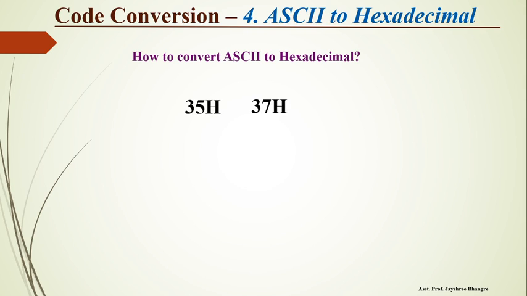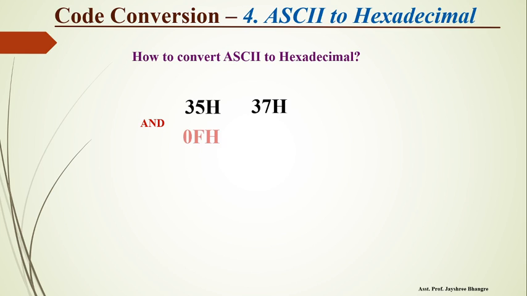Here the numbers 35H and 37H are represented in ASCII, and we have to convert them into hexadecimal. So we have to separate these digits. 35 represents the digit 5, and 37 represents the digit 7.